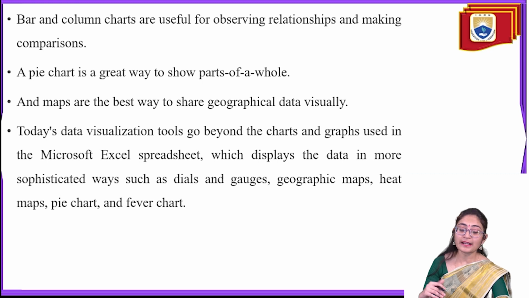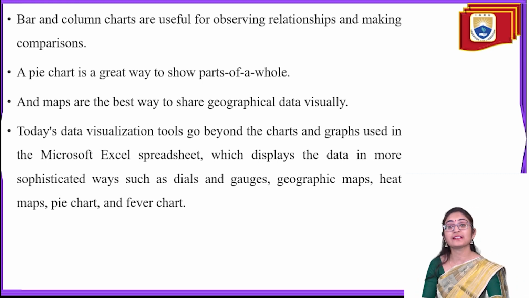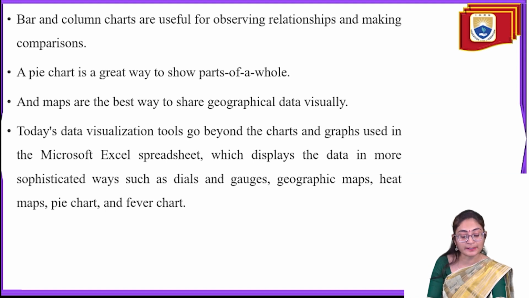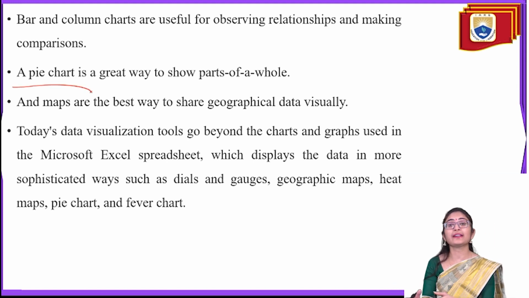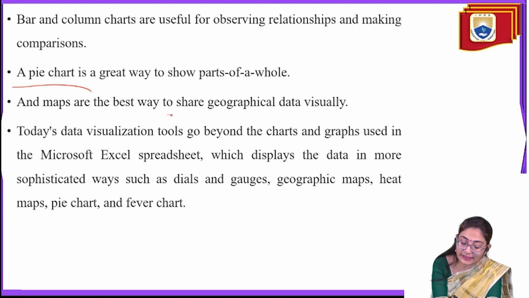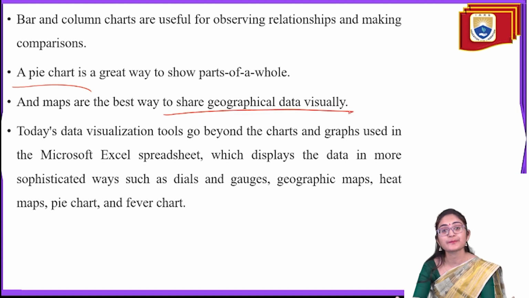Bar and column charts are very useful for observing relationships and making comparisons. Then a pie chart is a very good way to show the parts of a whole. And maps are the best way for sharing geographical data visually.